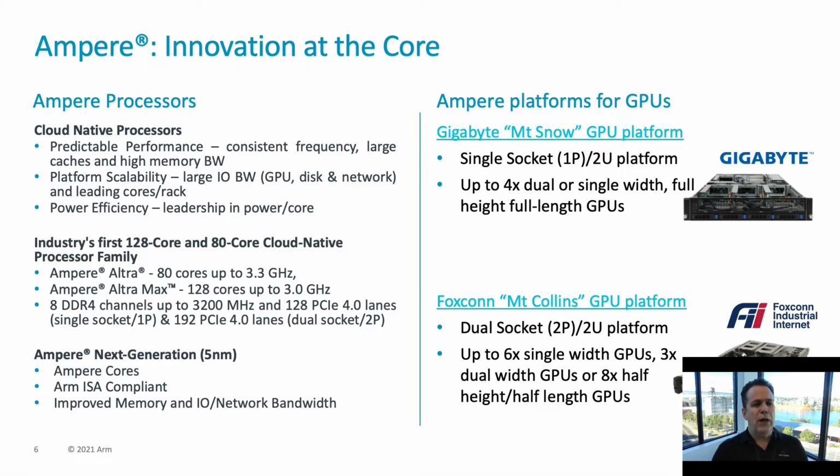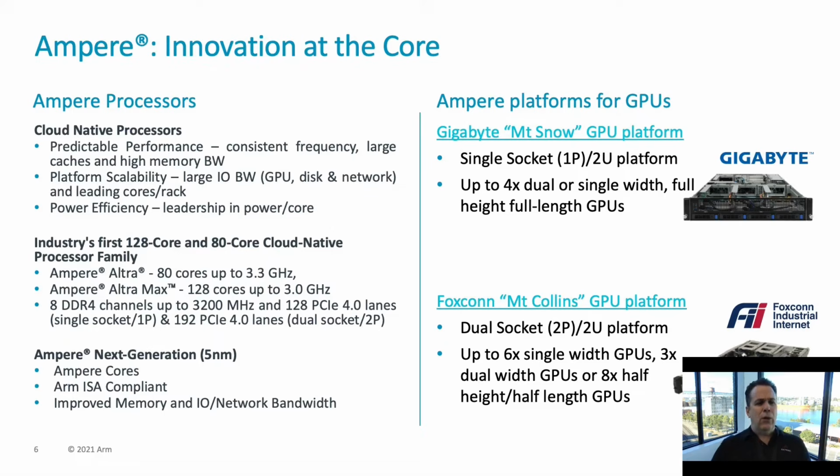Platform scalability. The one thing I didn't mention on the previous slide was Ampere Altra processors have the leading number of cores per rack. So the amount of density you can fit in a server rack is industry leading. In addition to great performance, power efficient performance is also critical for cloud service providers, so our processors run at significantly less power than our competition.